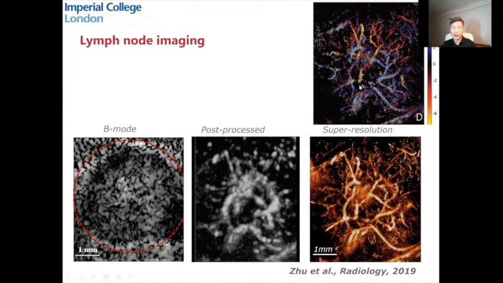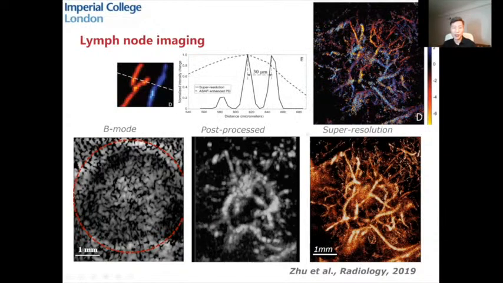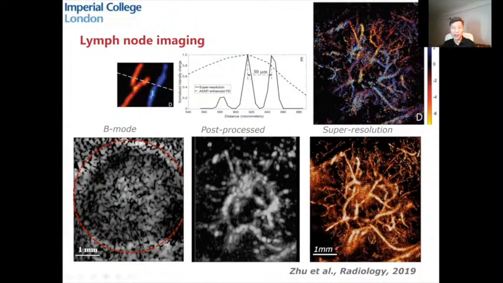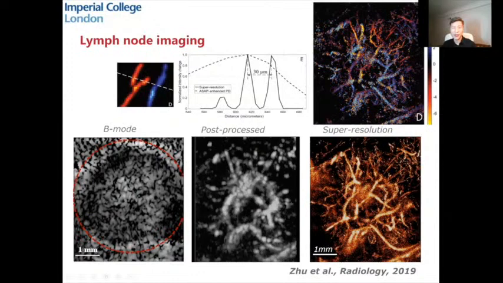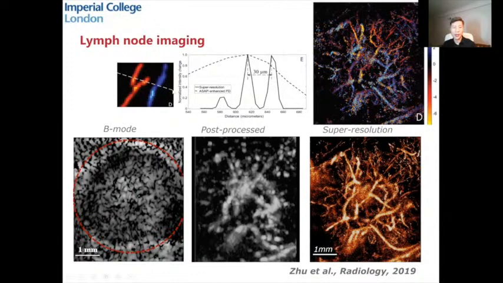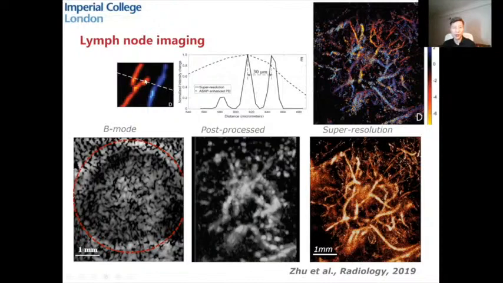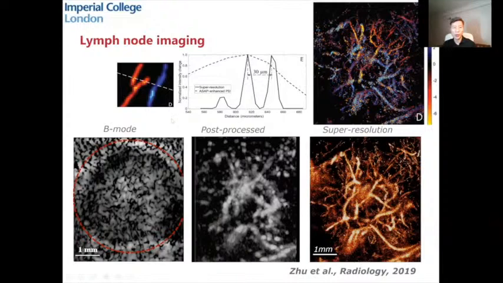In this study, they demonstrated a resolution of at least 30 microns by separating these two vessels. And we are confident these are two vessels because they also tracked the velocity, and you can see the color telling you the flows are in opposite directions.